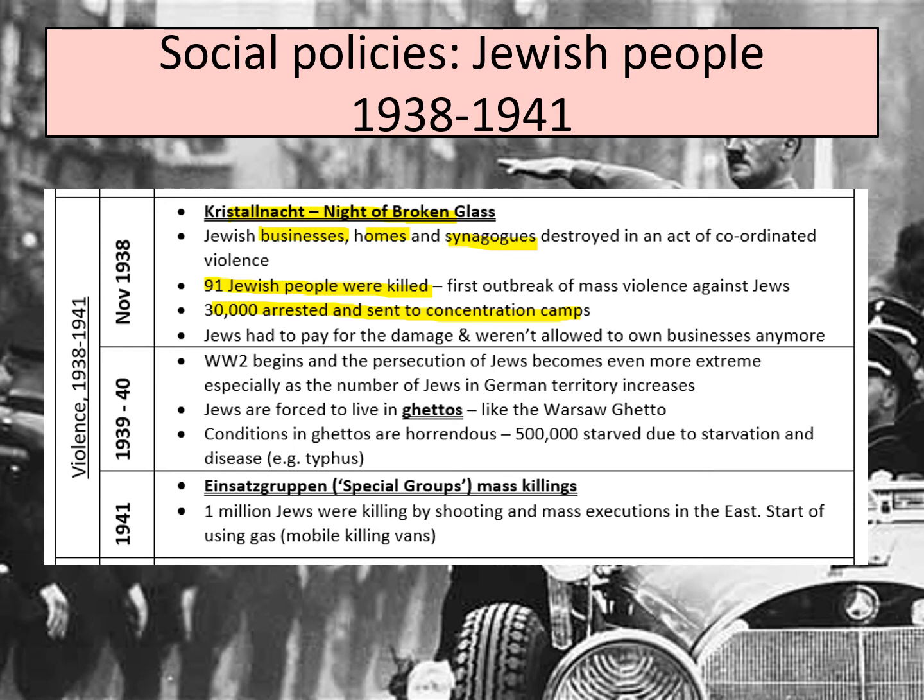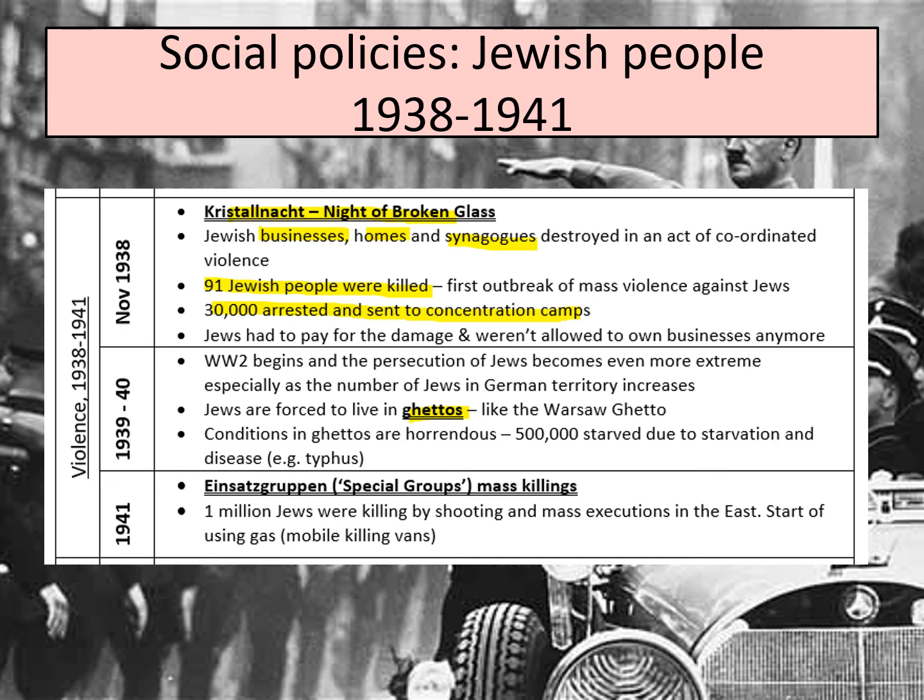Things get even worse in 1939 after World War II breaks out. Now, the Nazis already believed that they had a Jewish problem when they had 500,000 Jews. As they start to invade other nations, the Jewish population grows. For instance, in Poland and the Soviet Union, there were over 3 million Jewish people that lived there. The Nazis' new solution to trying to deal with what they called their Jewish problem was to put them into ghettos.